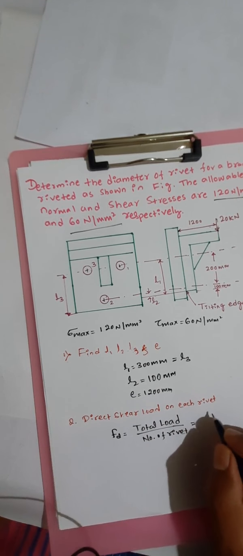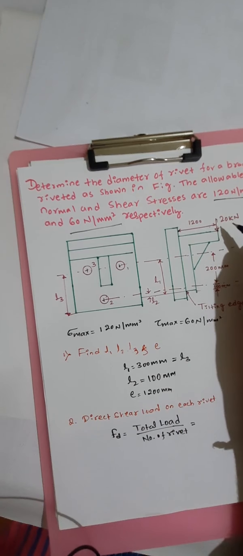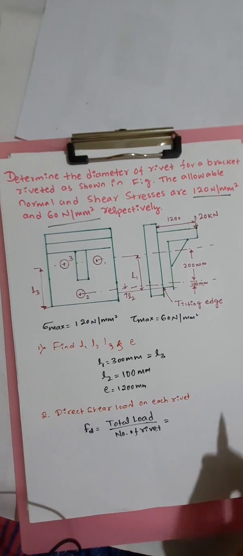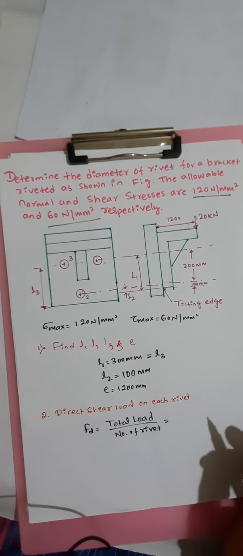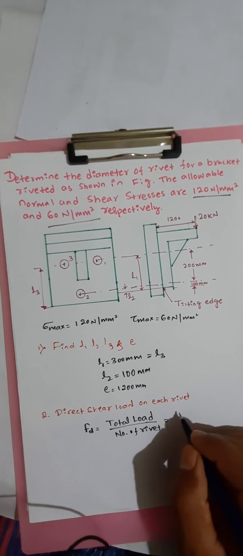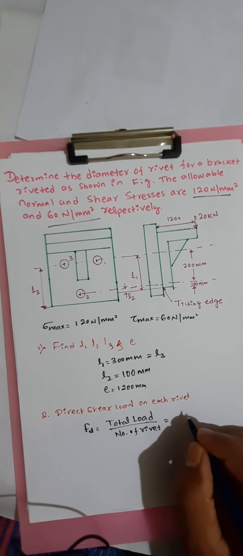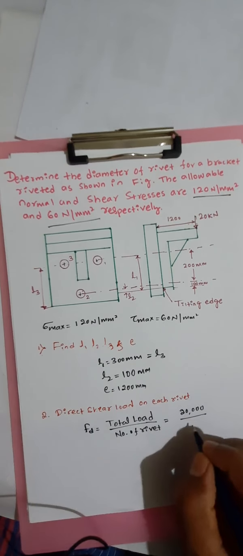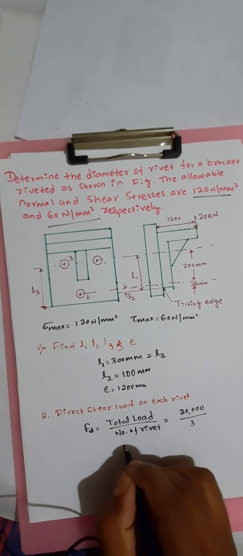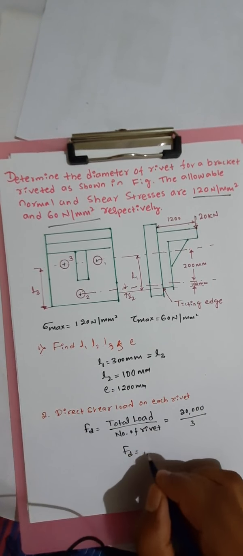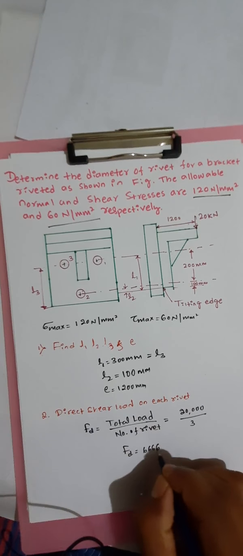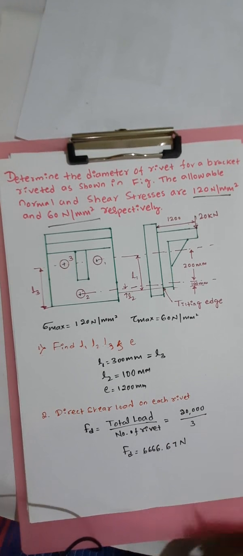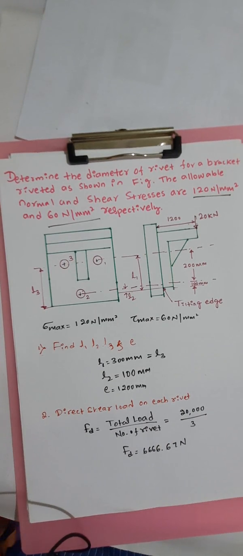The total load acting on this bracket is 20 kilonewton, so FD is equal to 20,000 divided by the number of rivets, which is 3. If we simplify that, FD is equal to 6666.67 newtons. This is the value of FD.